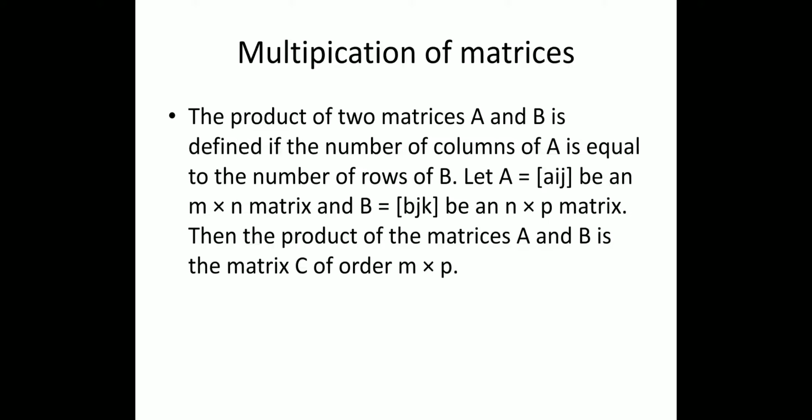So the product of A and B is possible, and the resultant matrix or product matrix C has the order m by p, where m is the number of rows of A and p is the number of columns of B. So the order of the product AB is the number of rows of A by the number of columns of B.